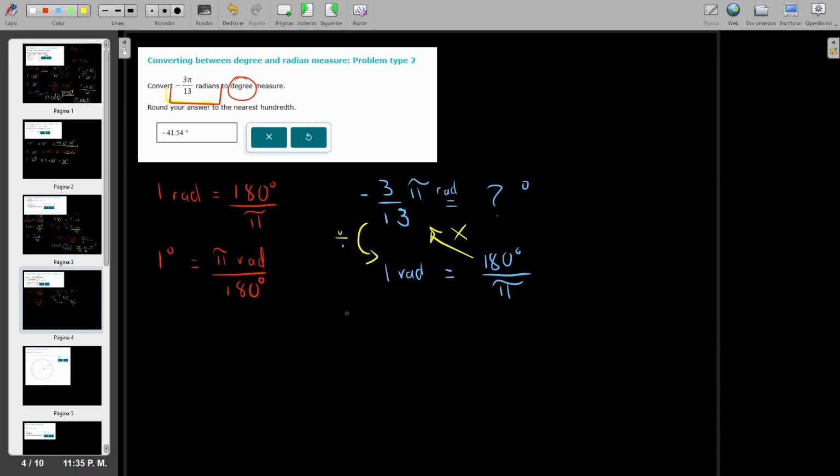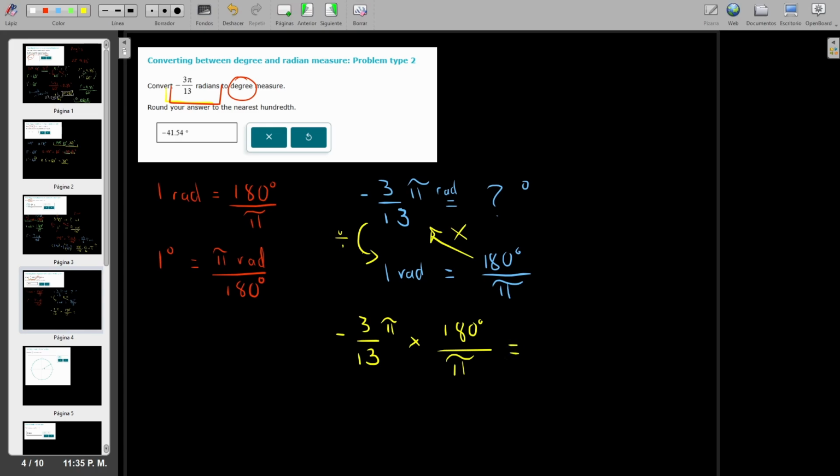Now we do this multiplication. Minus 3 pi over 13 is going to be multiplying 180 degrees over pi.